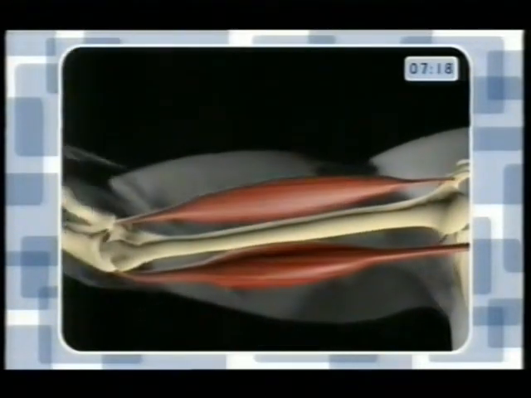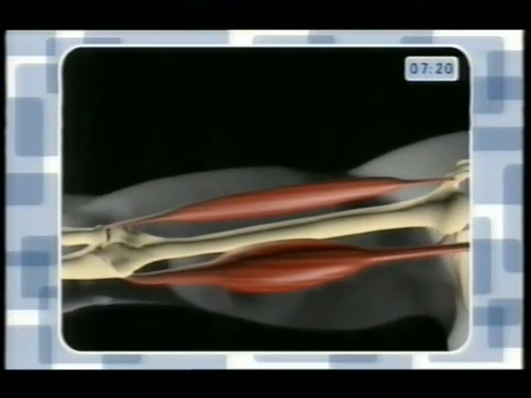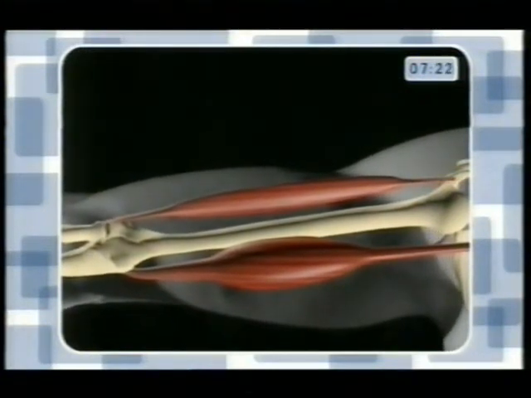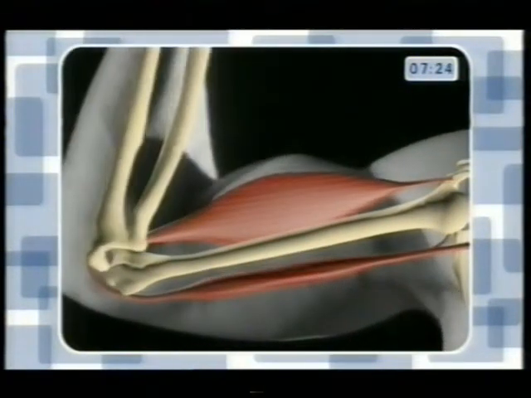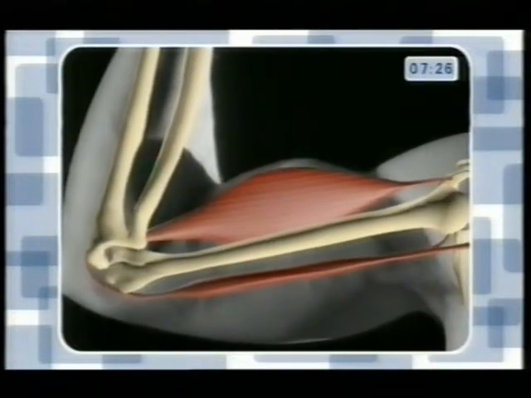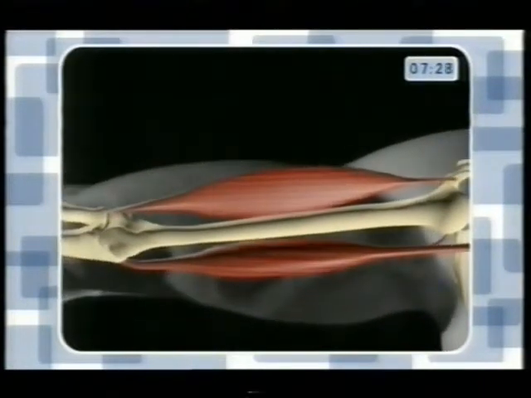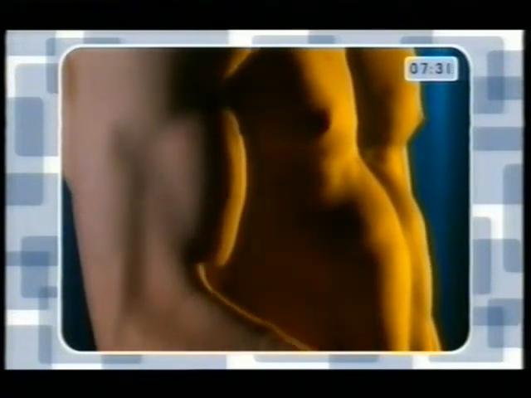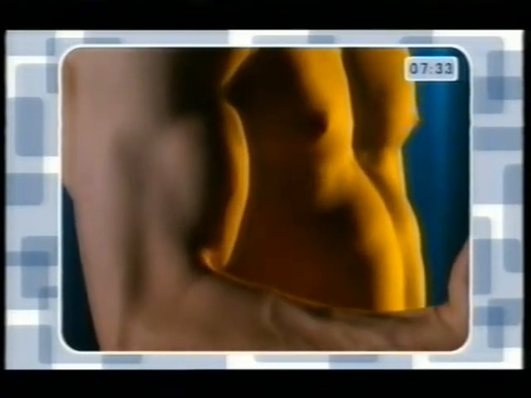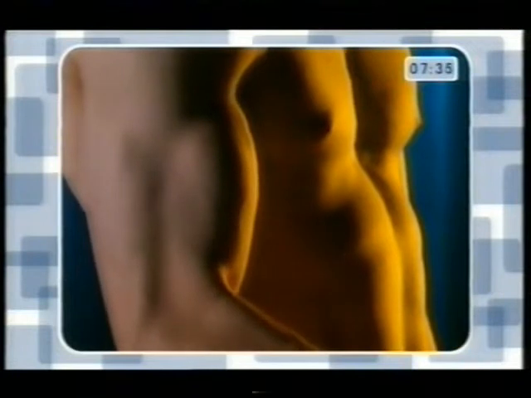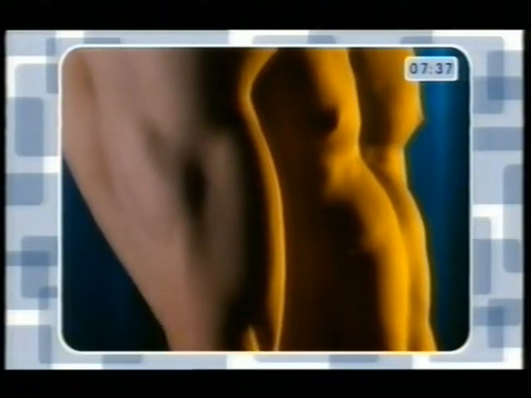As it contracts, the biceps relaxes and the lower arm moves back. Because the biceps and triceps work in opposite directions, they're known as a pair of antagonistic muscles.